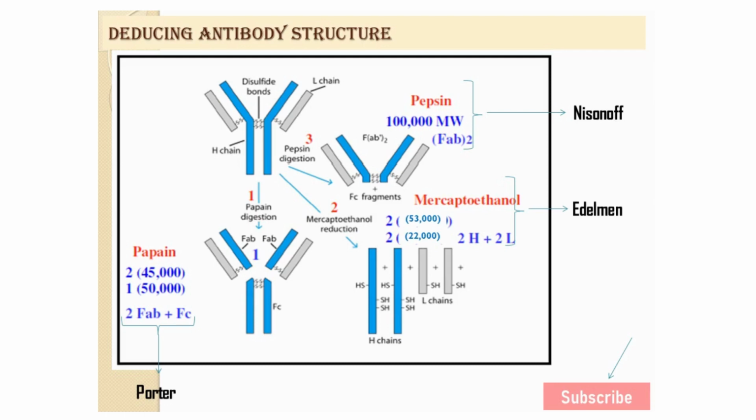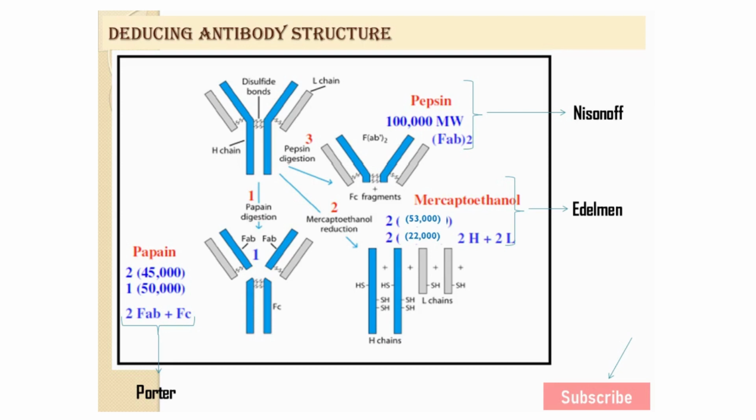The large molecules were designated as heavy chains and the smaller ones were designated as light chains. On the basis of these results, the structure of the immunoglobulin molecule was proposed.